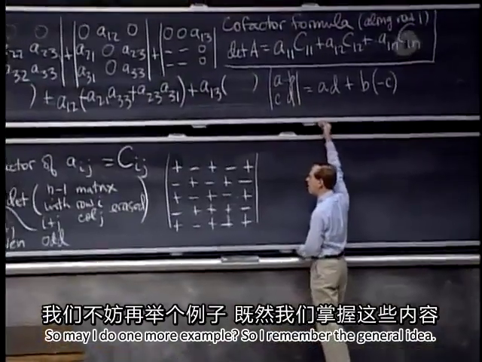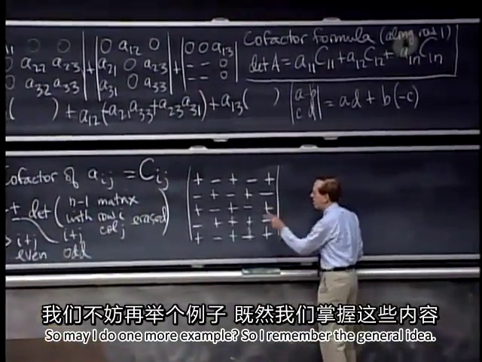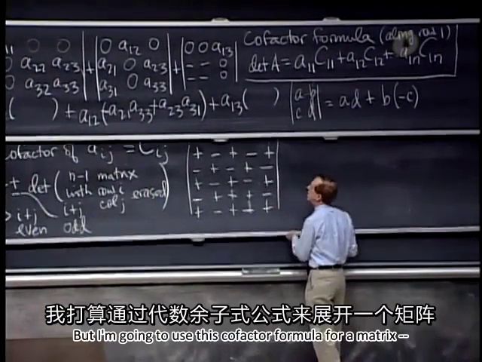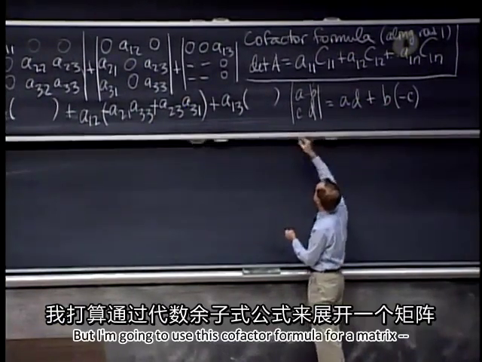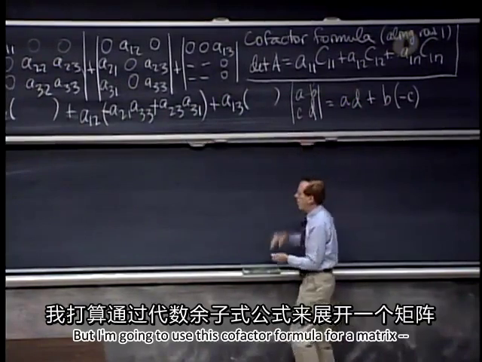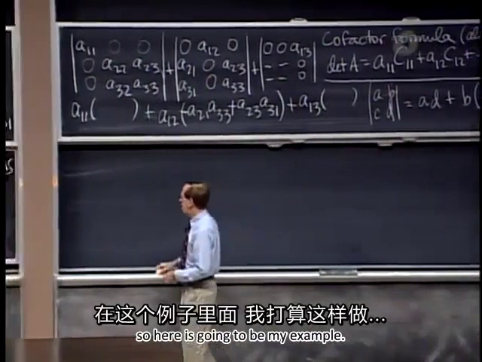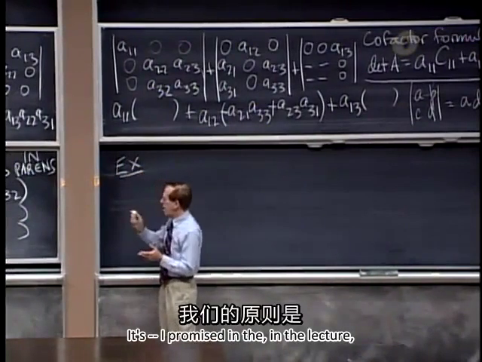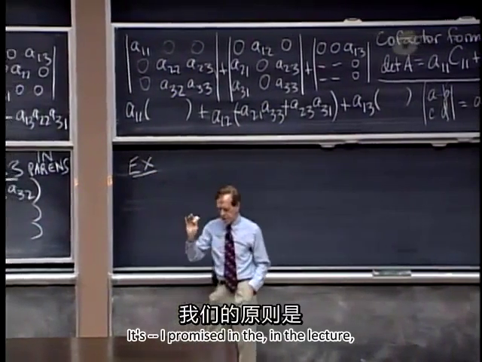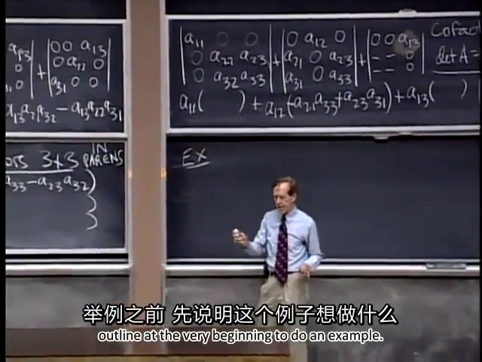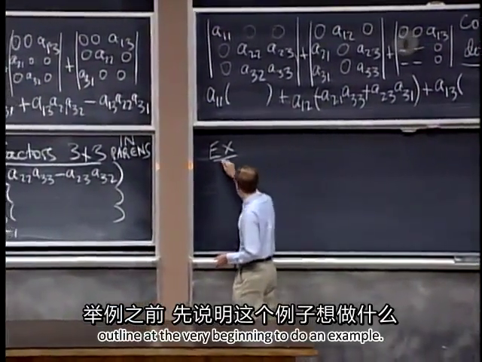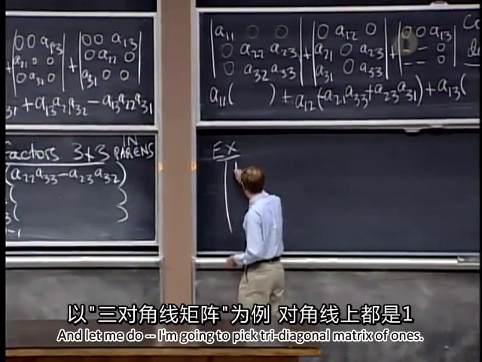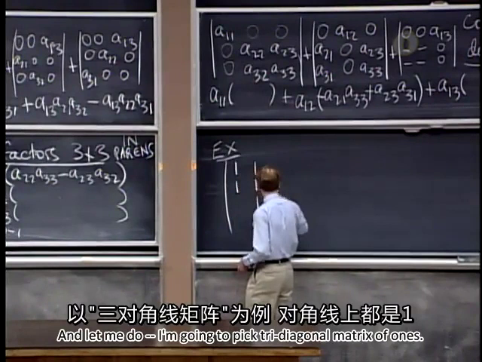So may I do one more example? I remember the general idea, but I'm going to use this cofactor formula for a matrix. So here's going to be my example. I promised in the lecture outline at the very beginning to do an example, and I'm going to pick a tridiagonal matrix of ones.